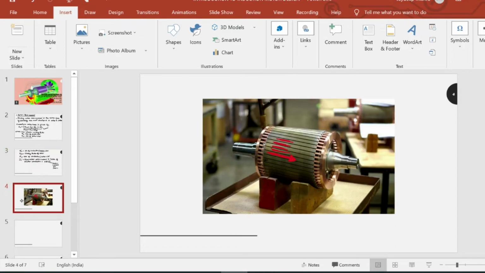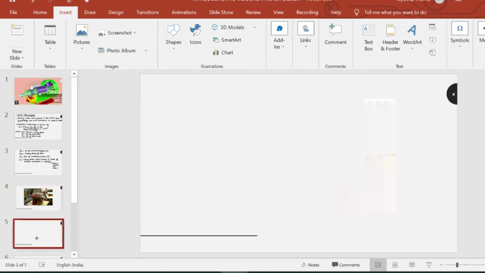After the rotor bar current, we will discuss the cross sectional area of the rotor bar. So what is the cross sectional area of the rotor bar? The sectional area of the rotor conductor can be calculated from the rotor bar current and an assumed value of the current density for the rotor bar.